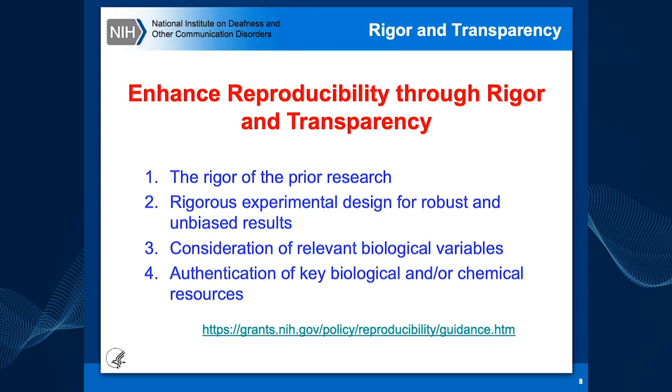The 4 key elements are listed in these slides: the rigor of prior research, rigorous experimental design for robust and unbiased results, consideration of relevant biological variables, and authentication of key biological and chemical resources. How this policy affects grant preparation and application review can be found at the URL in the slide.